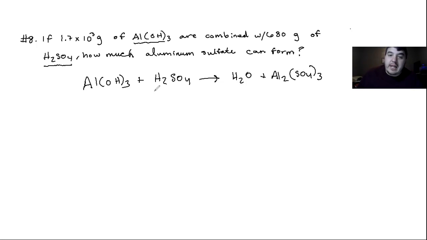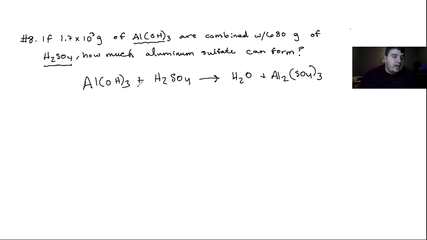Now let's think about the states in which these are in. Aluminum hydroxide is actually a solid. It's not aqueous, and we can refer to our solubility charts. Any hydroxide is always going to be insoluble with the exception of a few things. If it's combined with a group 1 metal such as sodium or potassium, that is going to allow it to be soluble.